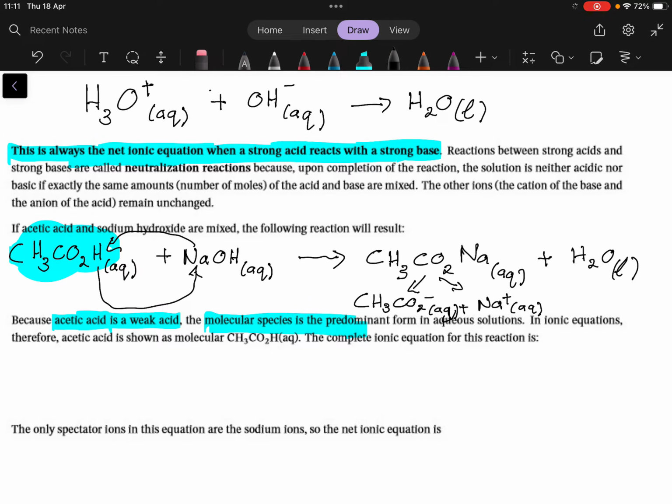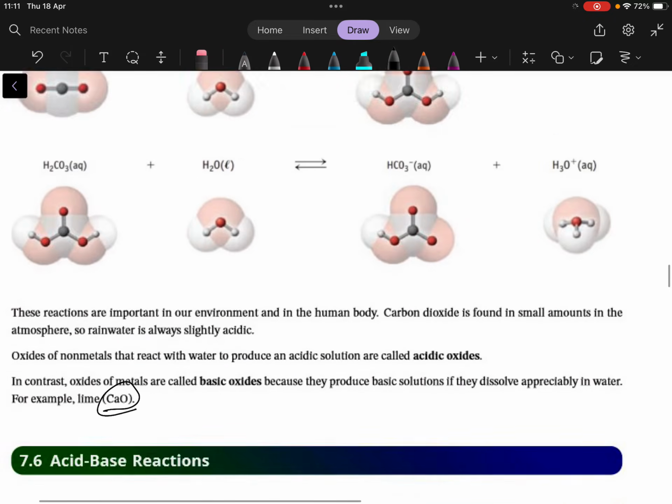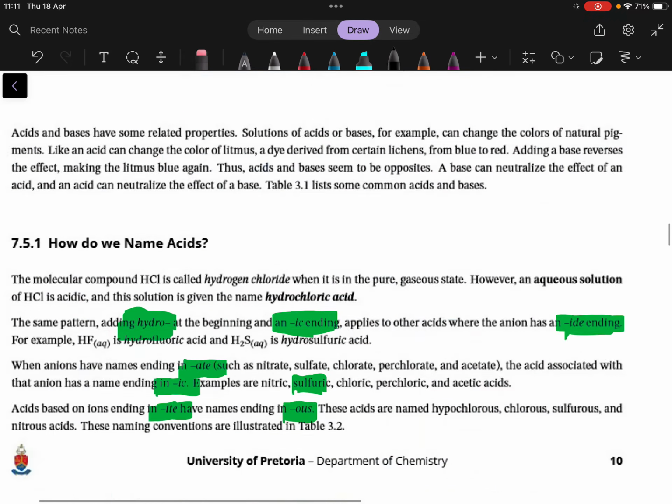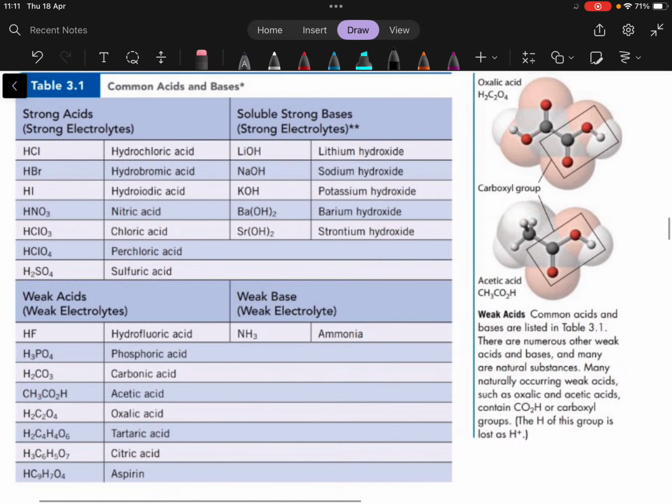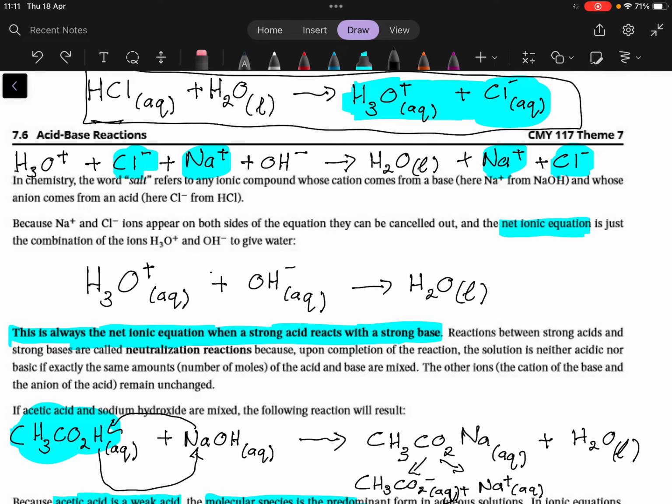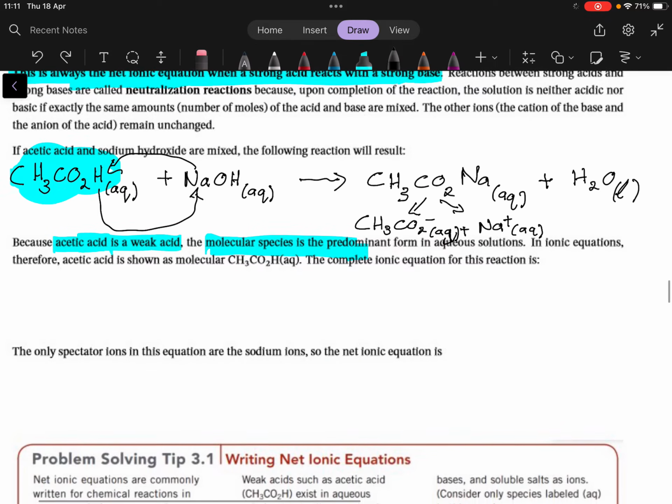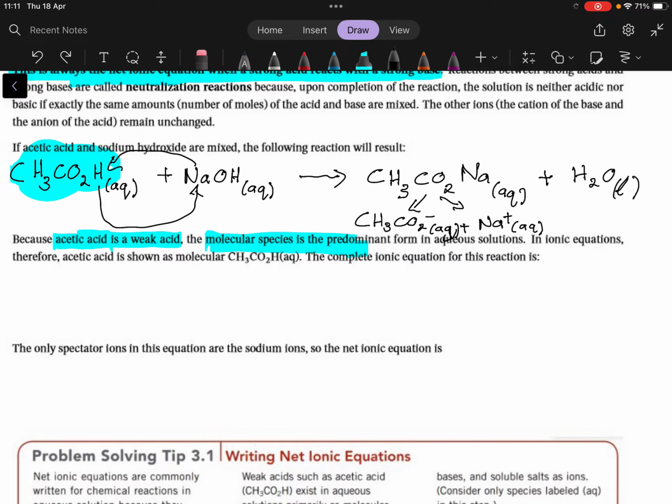So where do you check whether or not something is strong or weak? You can go back to a table that we had earlier on, table 3.1, where you're able to check what are strong acids and what are strong bases and so forth. So you'll study which ones are strong and which ones are weak. To write a complete ionic equation for this, we leave the acetic acid as is, CH3CO2H.